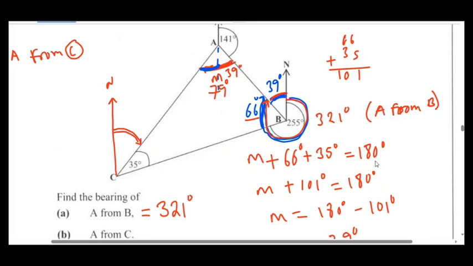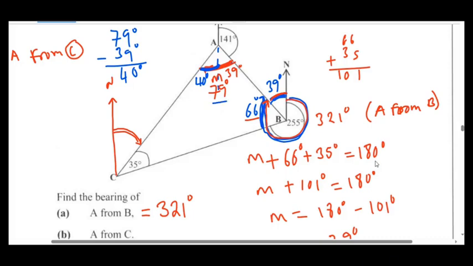So to know the angle that will remain right here, and here I have a 39 because this angle and this angle are alternating, because of these two parallel norths. So we say 79 degrees minus 39 degrees. 9 minus 9 is a 0. 7 minus 3, it's a 4. So meaning that here we are going to have 40 degrees, such that when we add 40 plus 39 degrees, it will give us 79 degrees.